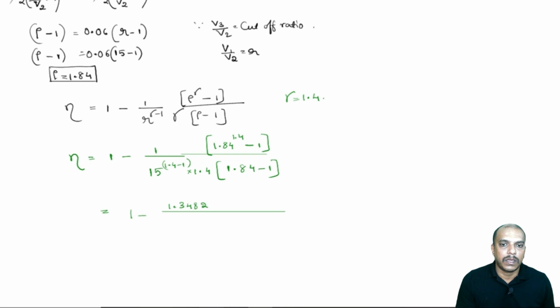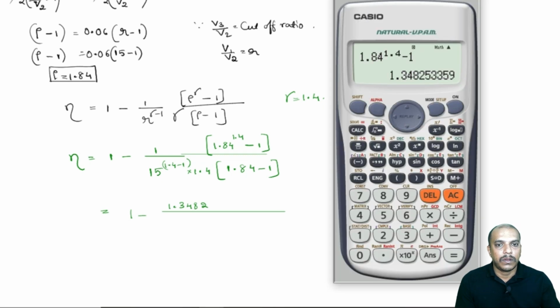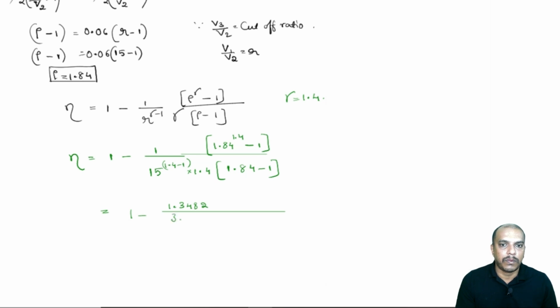That will be the numerator. Then for the denominator, we take 15 power 1.4 minus 1, which is 0.4, into 1.4, into 1.84 minus 1, which is 0.84. So, that is 3.4741. So, this must give us the efficiency of the given cycle.